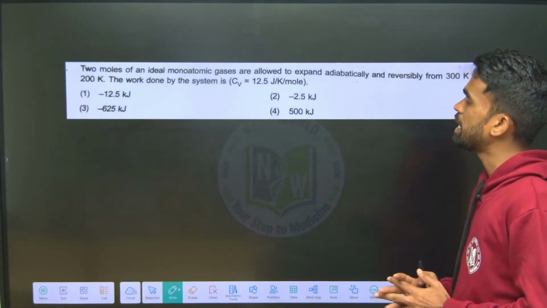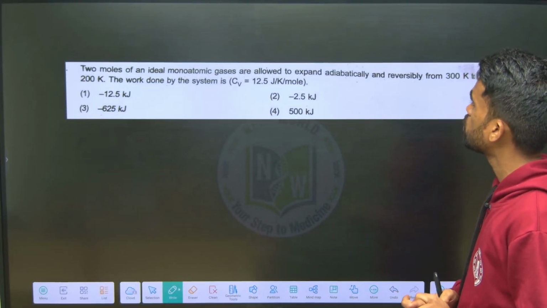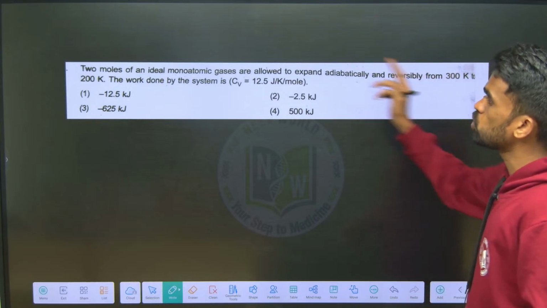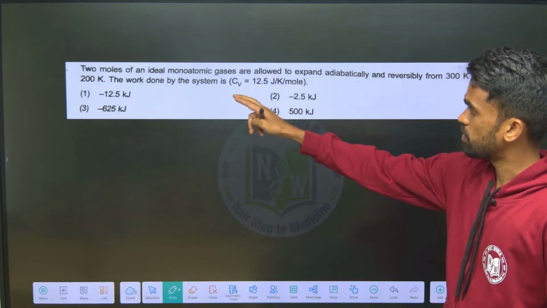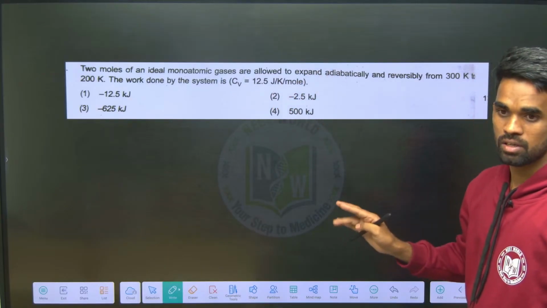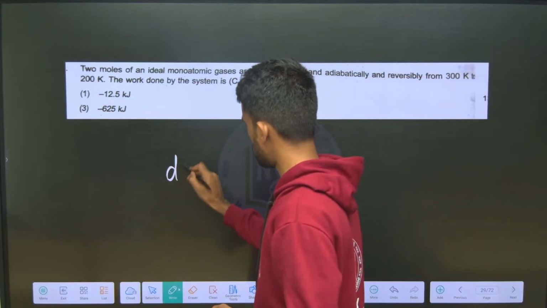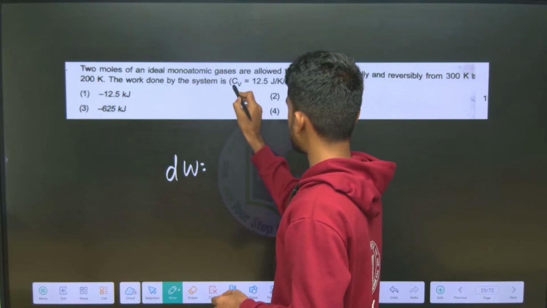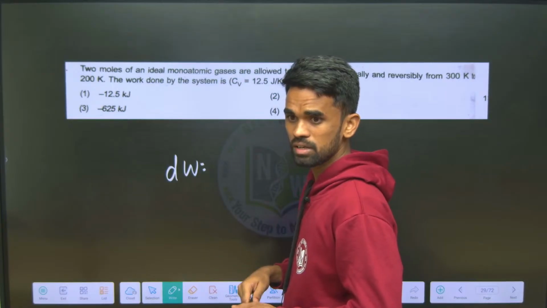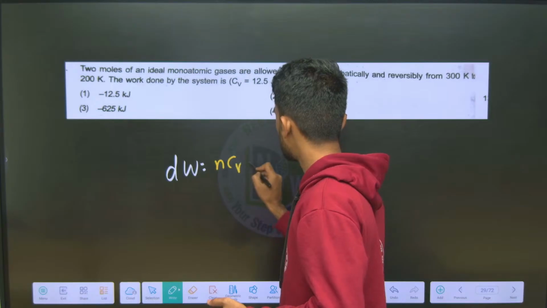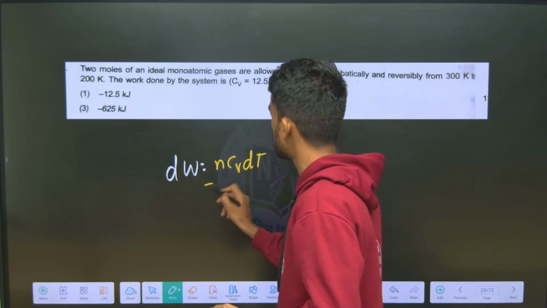2 moles of an ideal monoatomic gas are allowed to expand adiabatically and reversibly from 300 to 200 Kelvin. The work done by the system is, what is the formula I should use? Work done, dW equals nCv dT, since the Cv value is directly given. Why nCv? They are saying 2 moles.